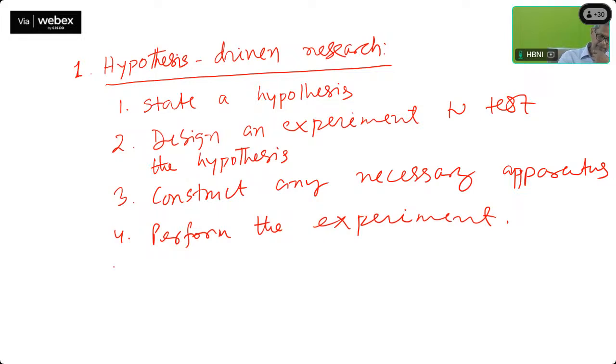Then analyze the data from the experiment to determine how likely it is that the hypothesis can be disproved or proved. And then you refine or correct the hypothesis and continue if necessary.